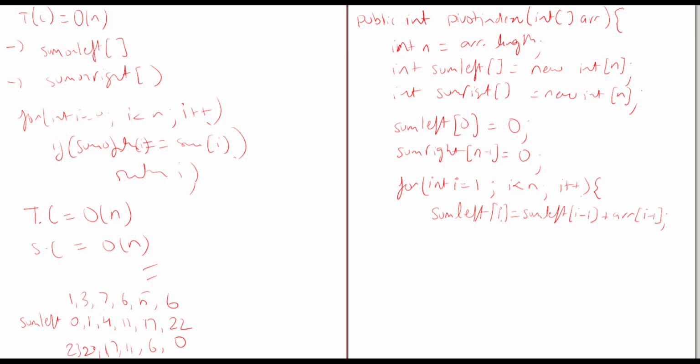Yeah, okay. Now we know at this position both elements are same, so this is our pivot index. That's what we did, right?